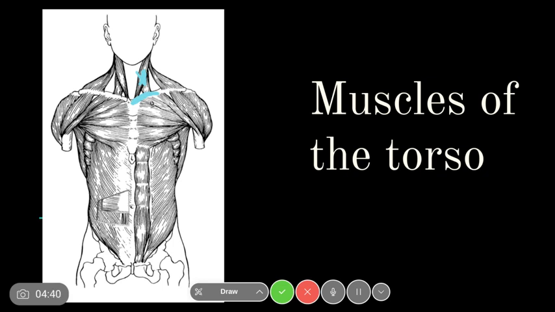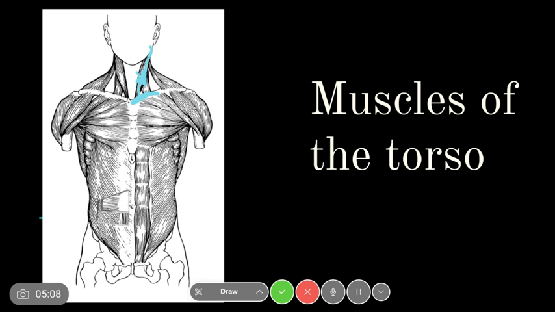And then it wraps all the way up and goes back here to the mastoid process of the temporal bone and the superior nuchal line of the occipital bone. So it's a rather long muscle, and because it is a skeletal muscle, you have to remember that it has those long fibers that go all the way up and down the muscle.